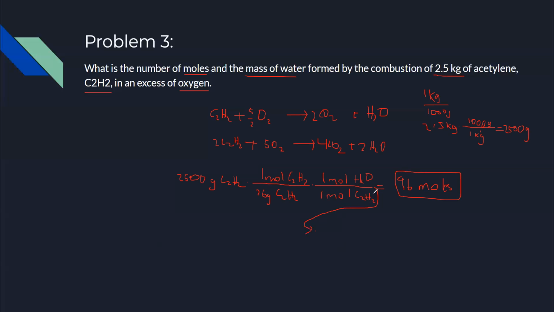So 1 mole H2O, and so you finally have to do 1 mole H2O makes 18 grams. And that will be 96 times 18, which will just be 1730.